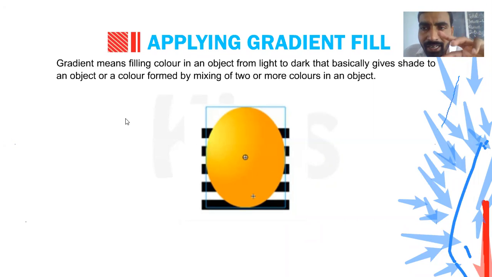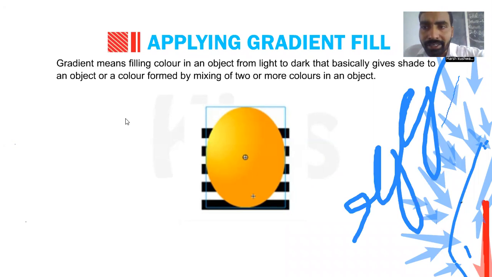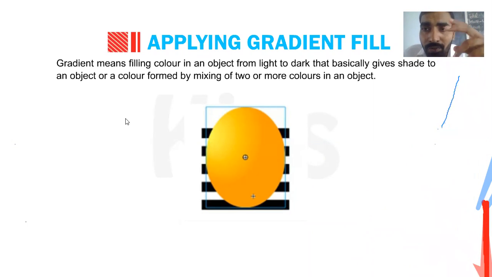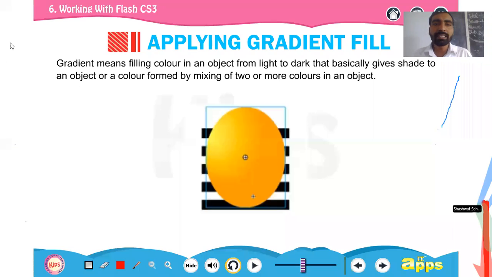One color appears dark on one side and fades out as it goes to the other side. So this way we can say that a gradient is a mixture of two or more than two colors in which one side the color is dark and the other side it is light or faded. As given here, gradient means filling color in an object from light to dark.